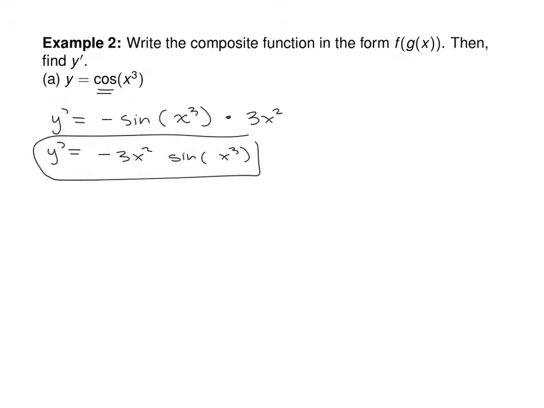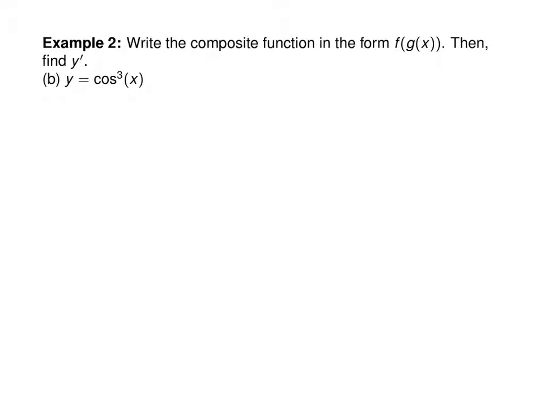Is that good? All right. How about part B? Cosine cubed x. That's the same thing as cosine of x raised to the third power, right? So what's your outer function here? x to the third, exactly.